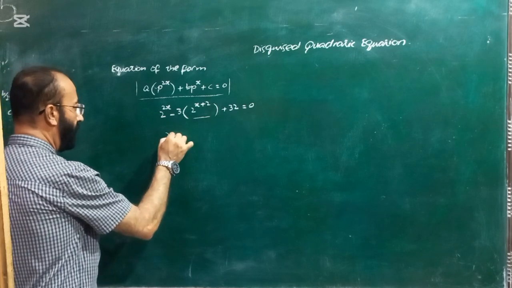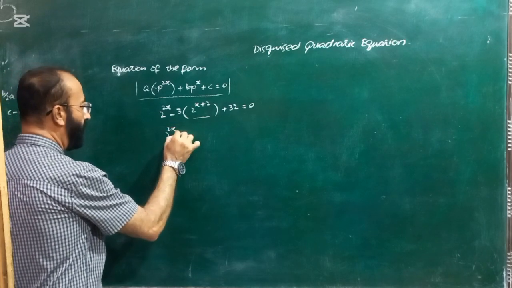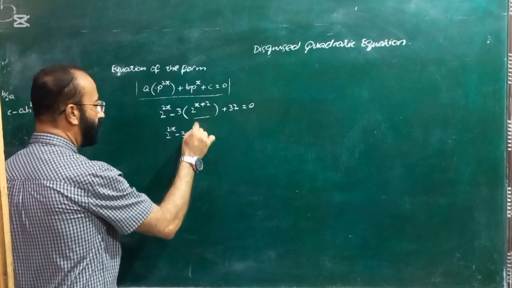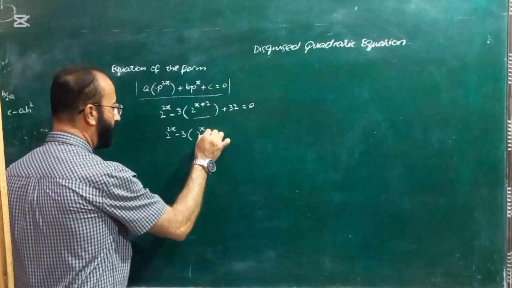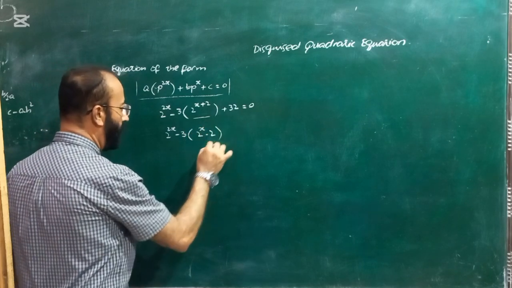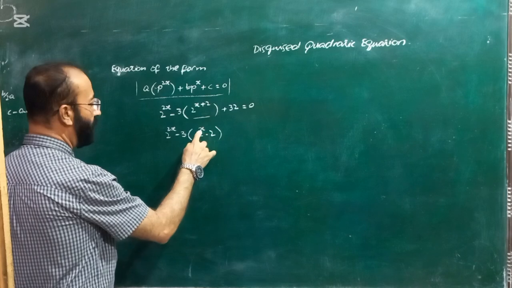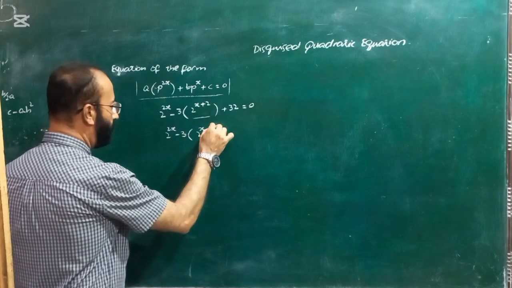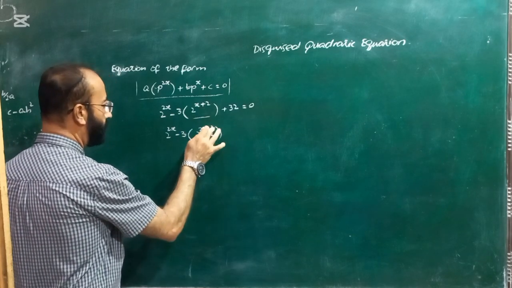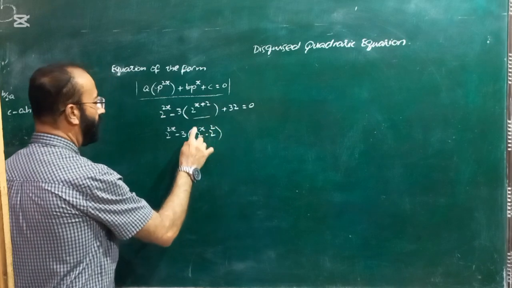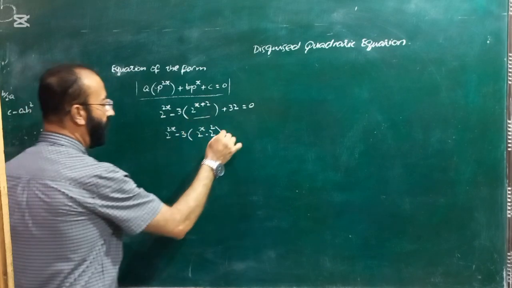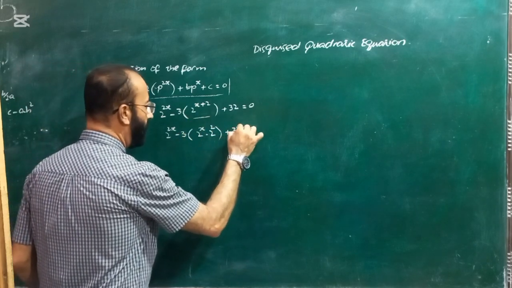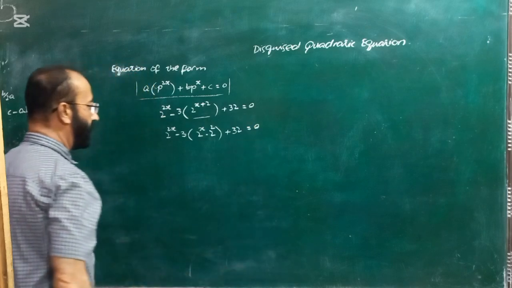So 2 raised to power 2x will remain as it is, minus 3 as it is, so this will become 2 raised to power x into 2 raised to power 2, because bases are same, powers will be added, so it will become 2 raised to power x plus 2, and this plus 32 equal to 0 will remain as it is.